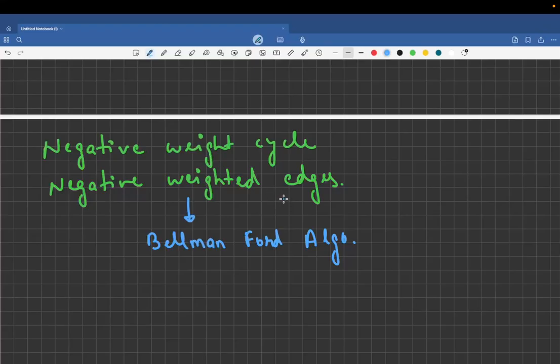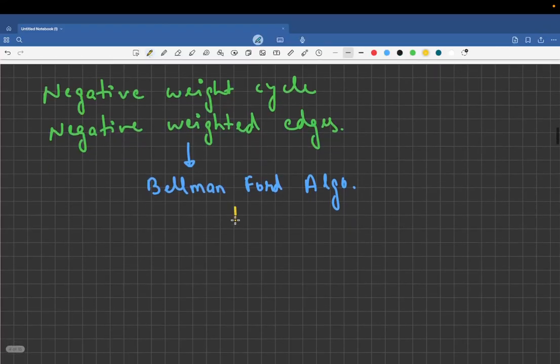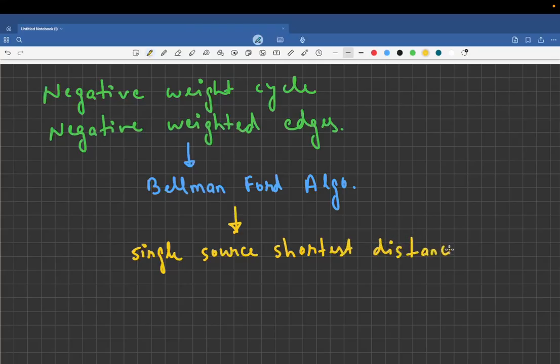We will see whether we can solve this problem via that or not, but this is one of the famous algorithms that helps you find single source shortest distance if we have negative edges in the graph.